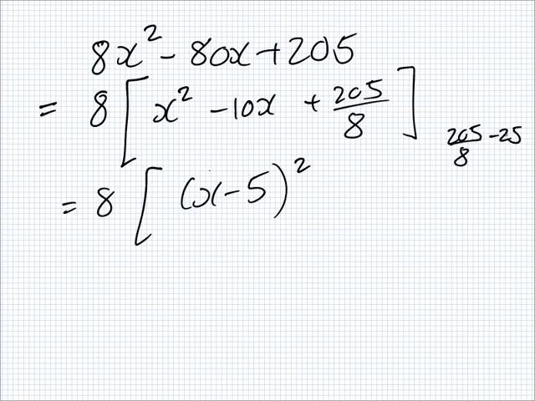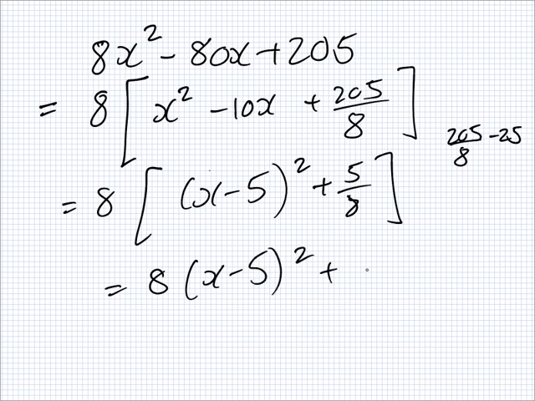Is that 5 over 8? 5 over 8, yep. So that would be 8 (x minus 5) squared plus 5. Now, I'm actually finished. I've proven that it's always positive.